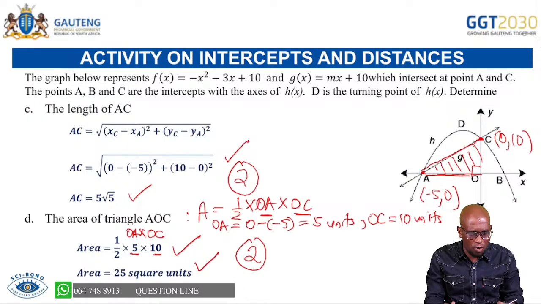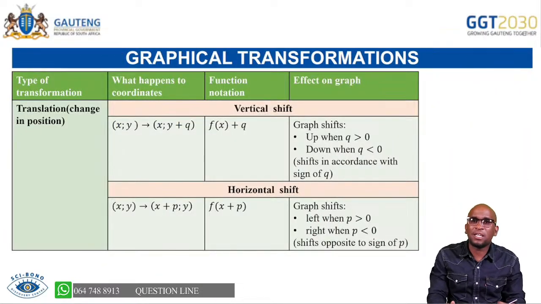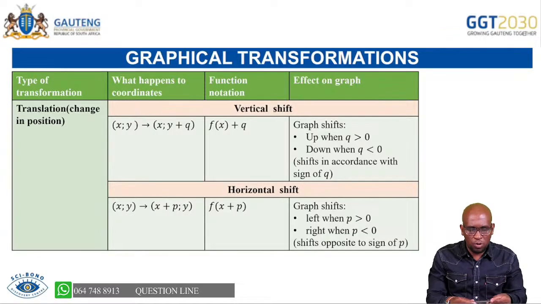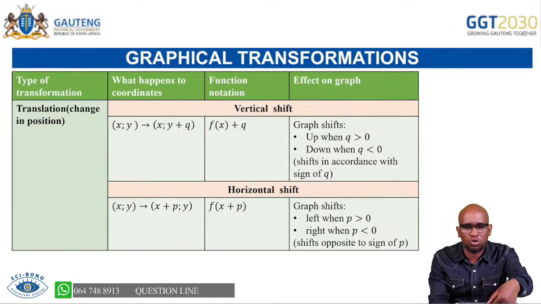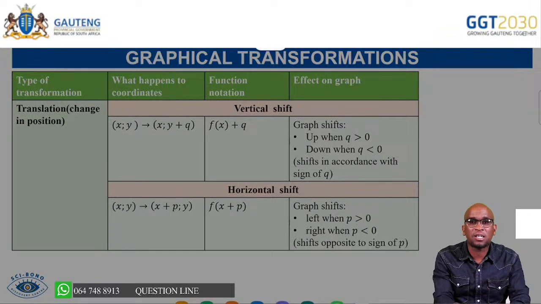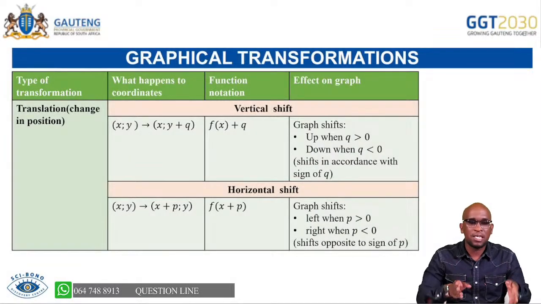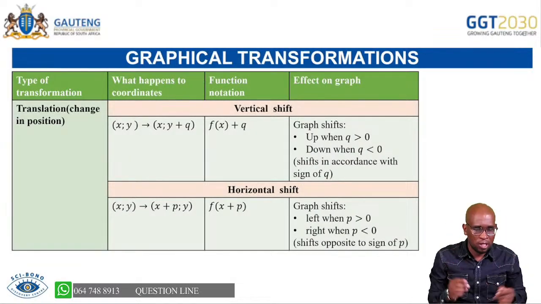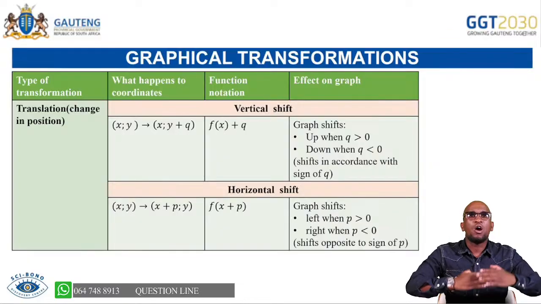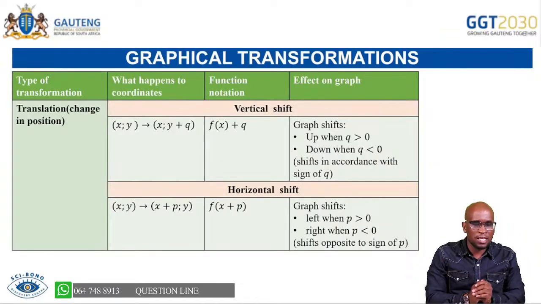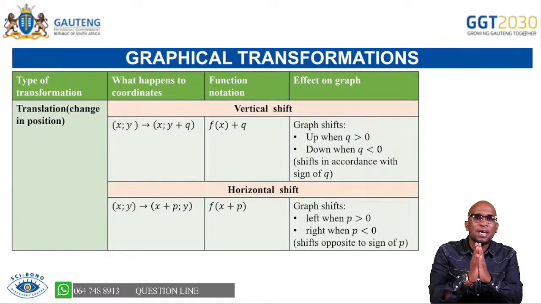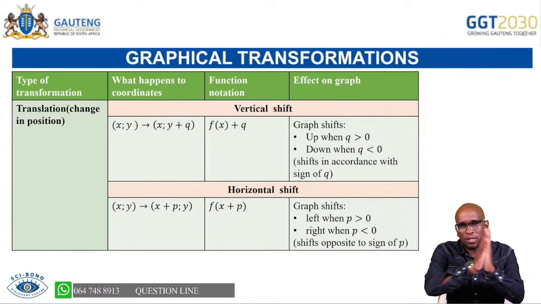Right, let's move on to graphical transformations. Let's look at the concept of graphical transformations now. In functions, when we look at the concept of transformation, we are going to be looking at different concepts. We are going to be looking at translation, that would be the change in position: movement up, movement down, movement to the right, movement to the left.